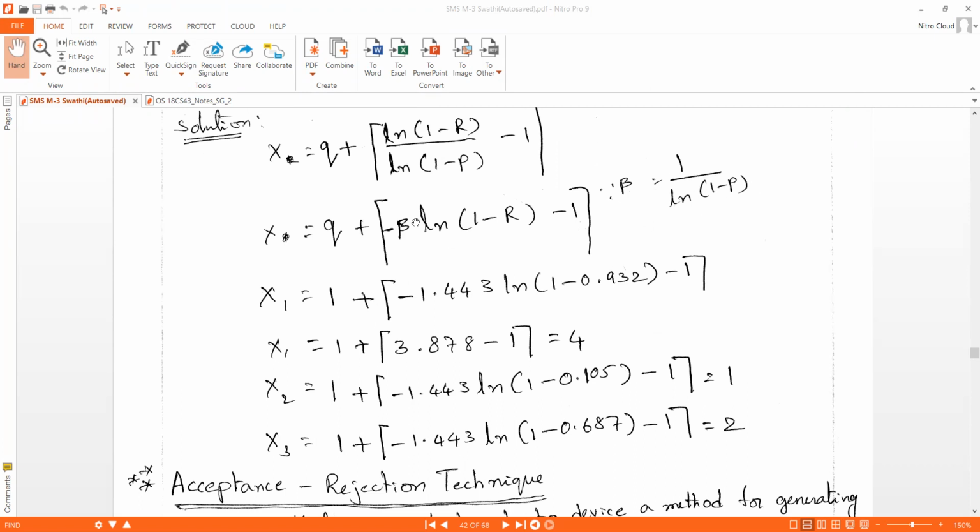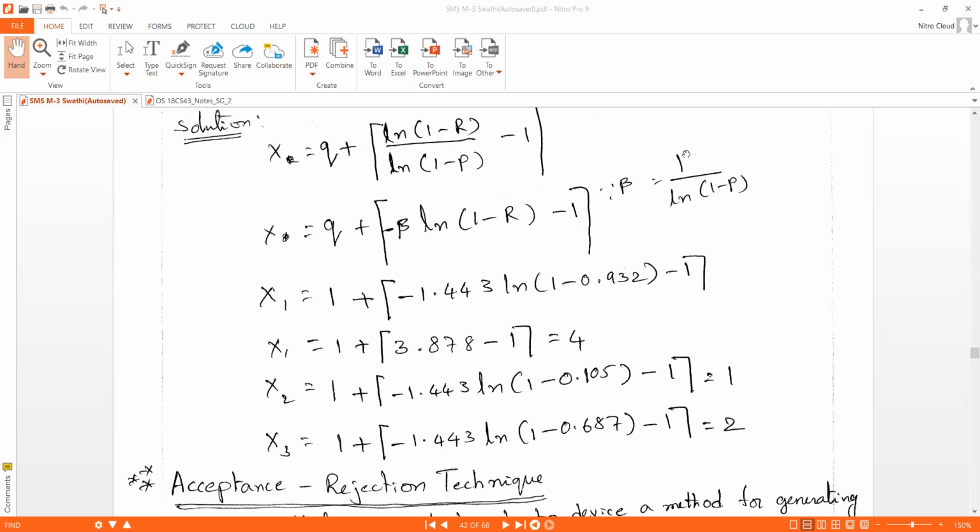So we can write the equation like this: x equal to q plus mod of minus beta ln of 1 minus r, minus 1, where beta is equal to 1 by ln of 1 minus p. In this 1 by ln of 1 minus p, we are substituting the beta value.